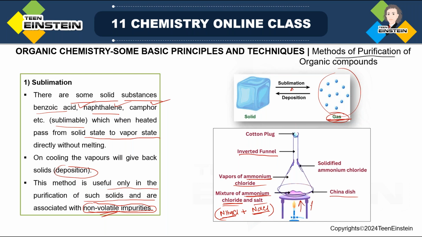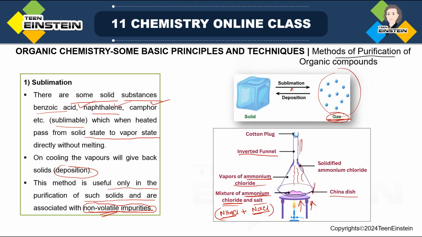And you are now applying heat. There will be generation of vapor of ammonium chloride. And when it comes to the cool surface of this inverted funnel, because there is a temperature difference in this region. Sometimes you can also put some wet filter paper here just to make the surface cool.